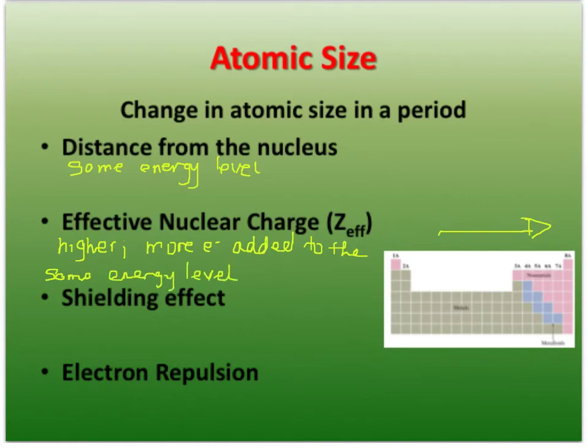If we add more electrons at the same energy level, we're not shielding them, but we're increasing the number of protons, so there's a stronger pull. The protons will have a stronger pull on the electrons, meaning a smaller atom. So as we go left to right, the size of the atom decreases.